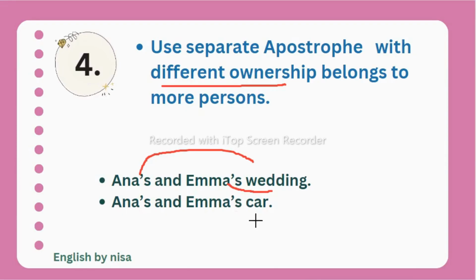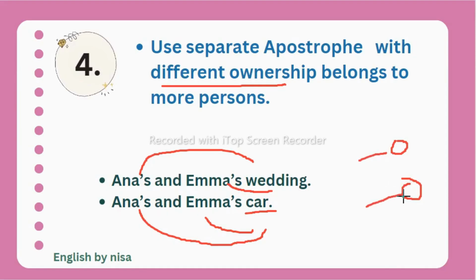Anna's and Emma's cars: two cars are there, one is Emma's car and the other car is Anna's car. So here we have different ownership belonging to different persons. This car is Anna's car and this car is Emma's car. Different ownership and different things.